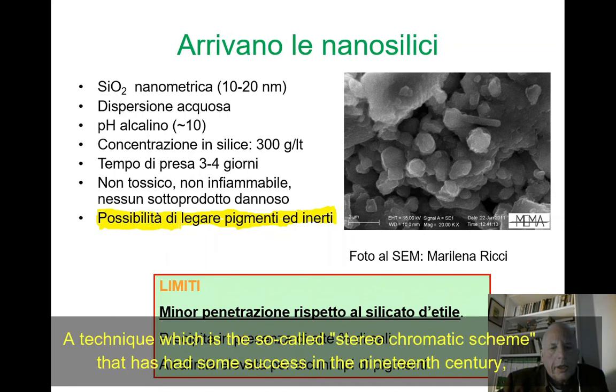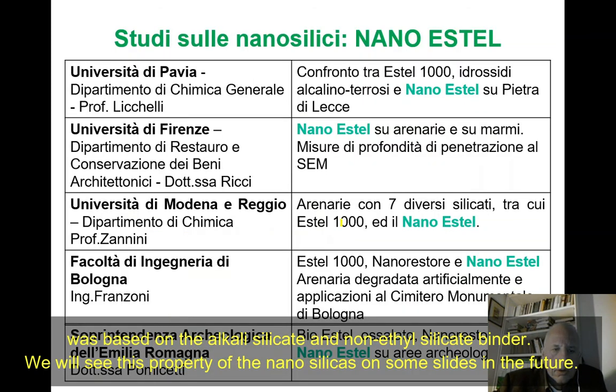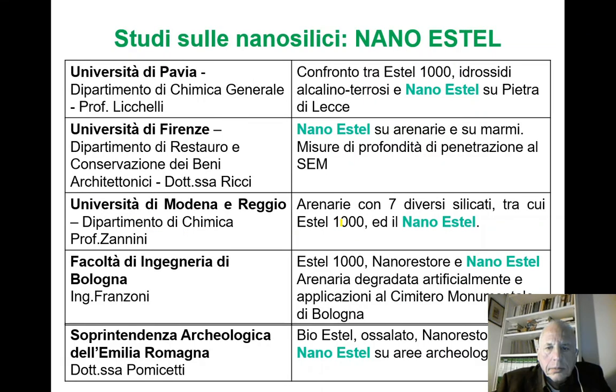A technique, the so-called stereochromatic scheme, that had some success in the 19th century was based on alkali silicate and not an ethyl silicate binder. We will see this property of the nanosilicas on some slides in the future.